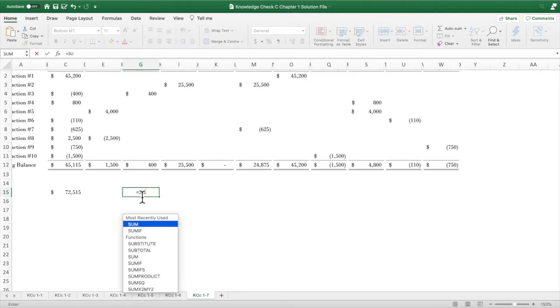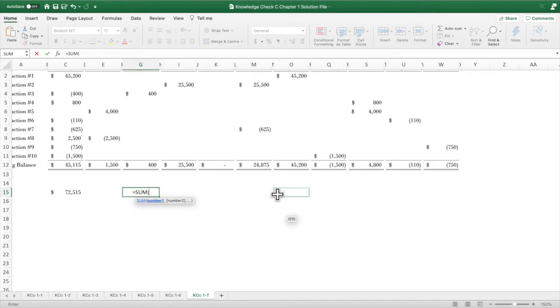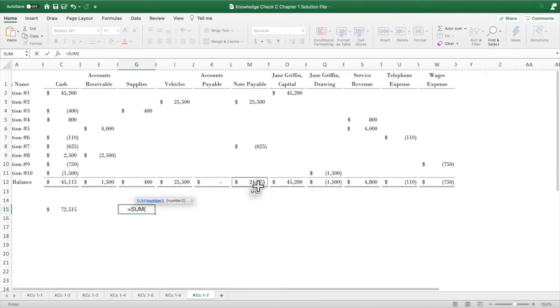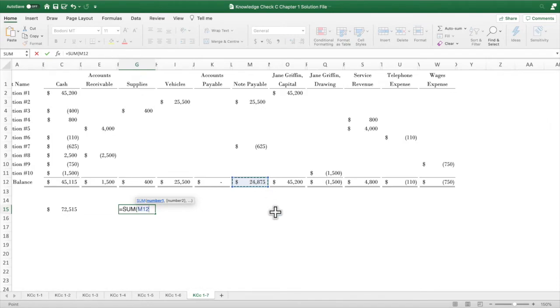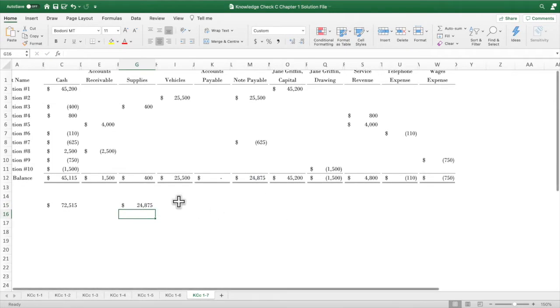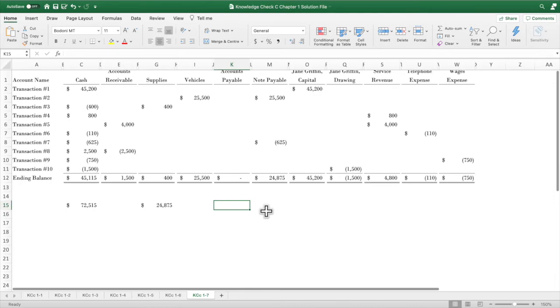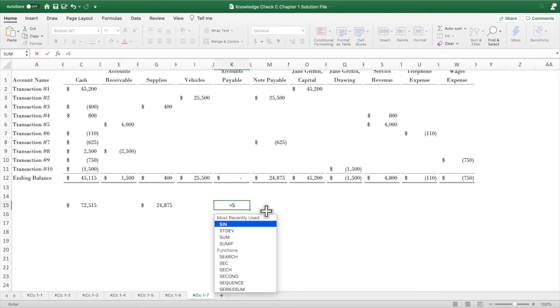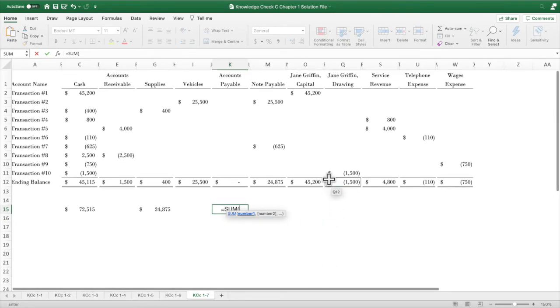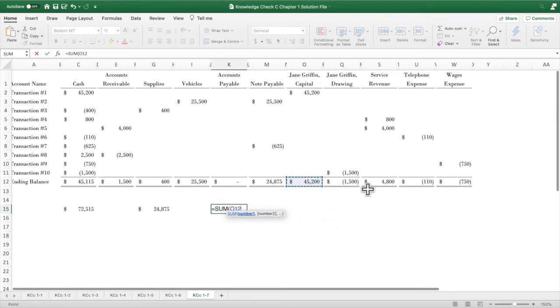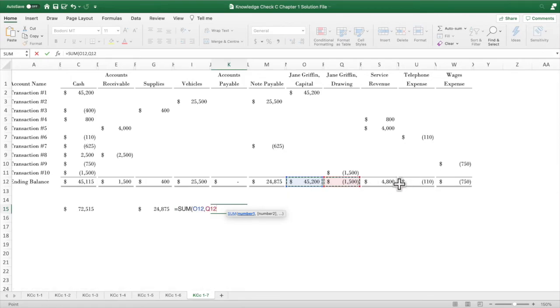equals sum of our liabilities. So we've got liabilities here. And we've got our owner's equity, equals sum of owner's equity, which is our capital, our drawing, our revenue, our telephone expense, and our wage expense.